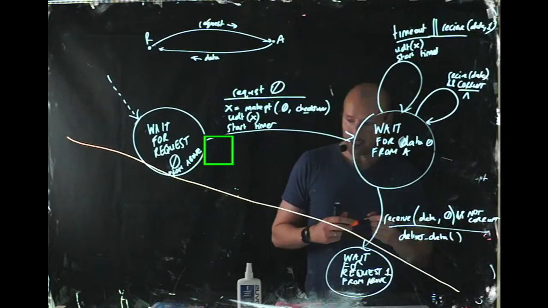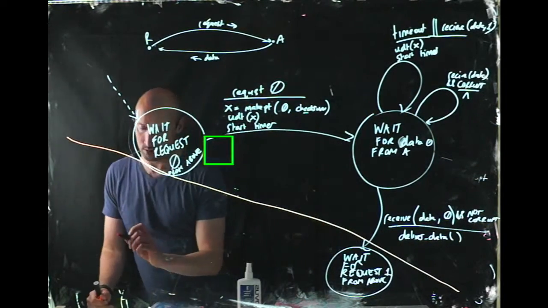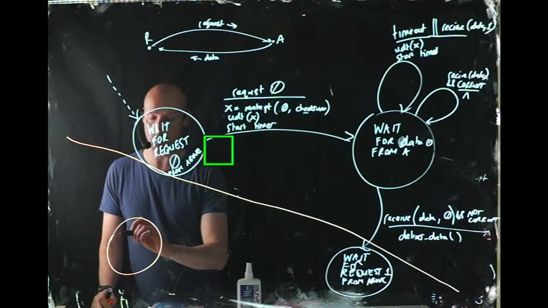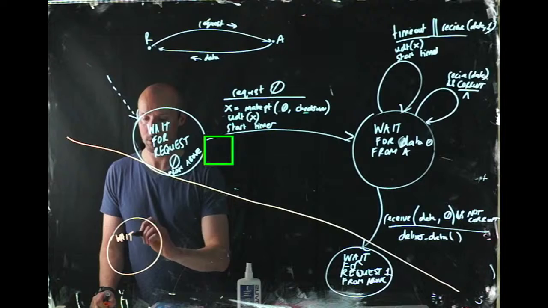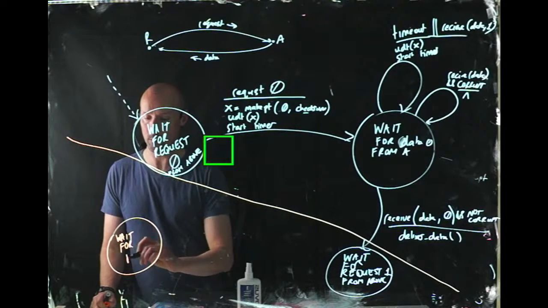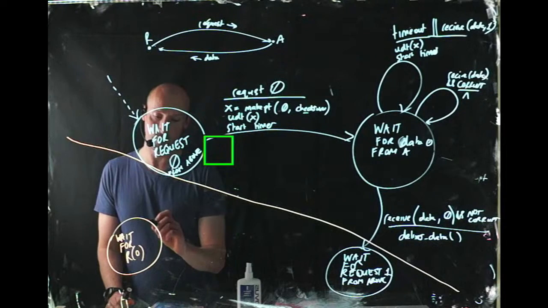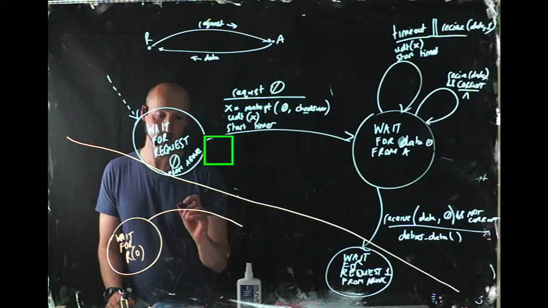Okay, so the receiver side down here, you just have one state where you're waiting for request 0. Wait for request 0, let's say. And once you receive request 0, send data.